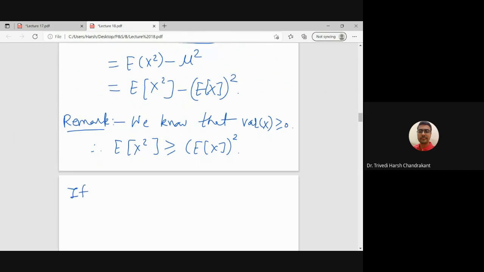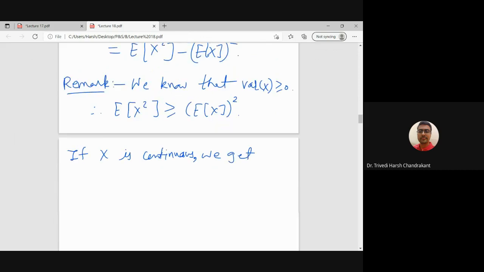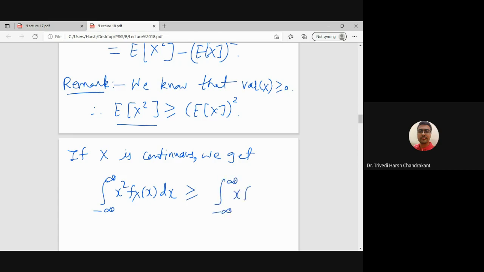If x is continuous, we get, in terms of integrals, the integral from minus infinity to infinity of x square f_x(x) dx is greater than or equal to the square of the integral from minus infinity to infinity of x f_x(x) dx.